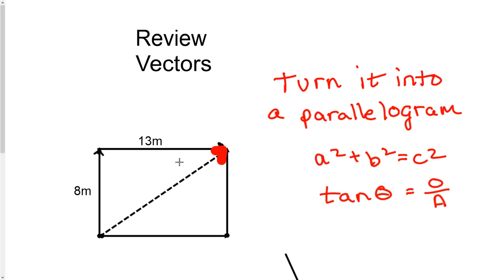There. My arrowhead. To solve, we can do a squared plus b squared equals c squared. And to get the angle, we're going to do opposite over adjacent. So if we are looking for this angle here, we would do the opposite side, 13 divided by 8, and we would take the inverse tan.